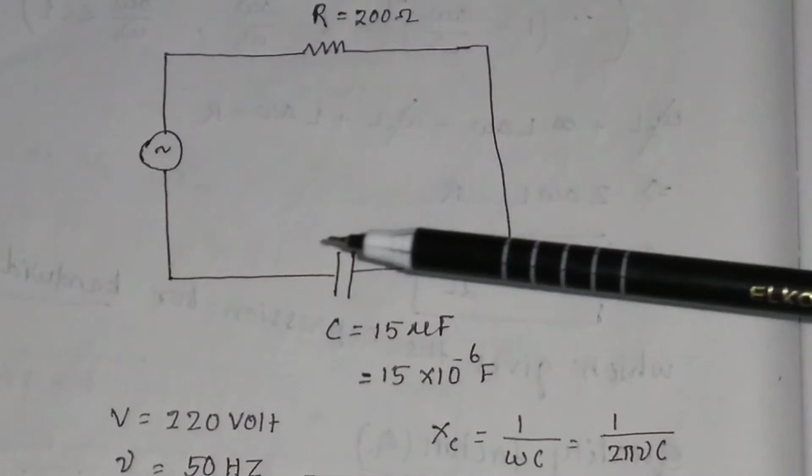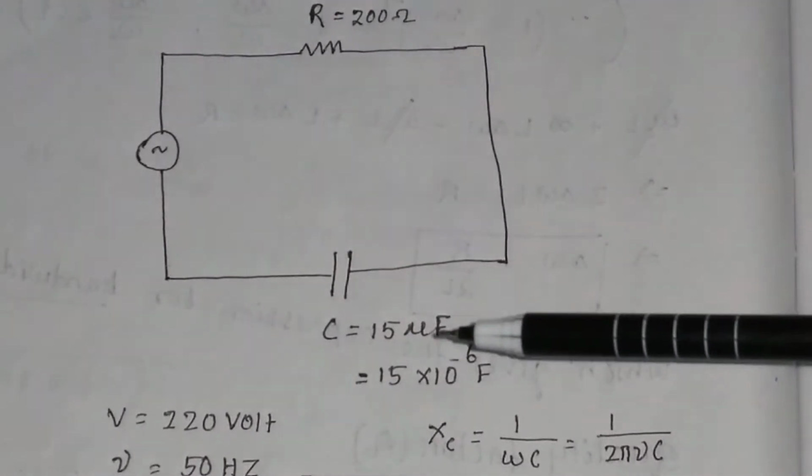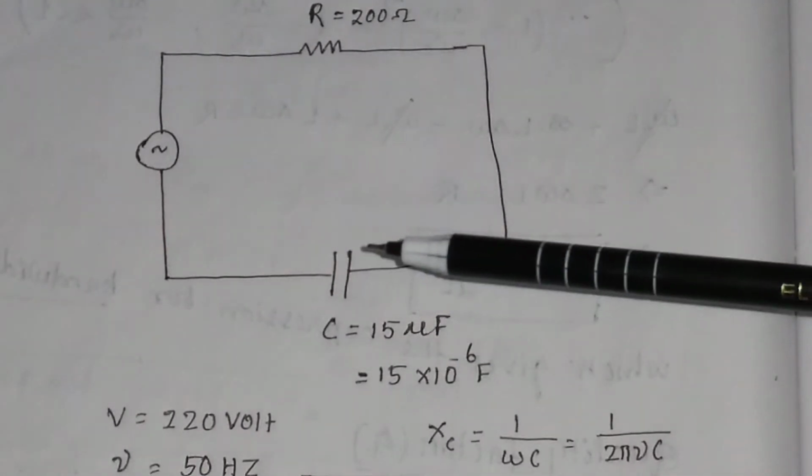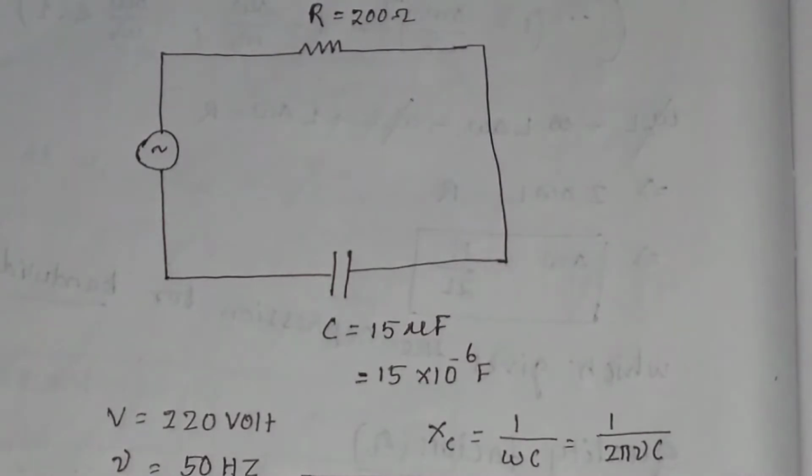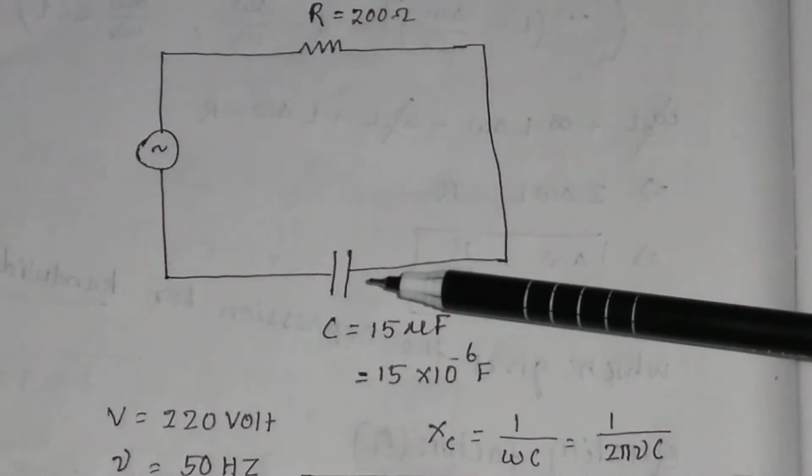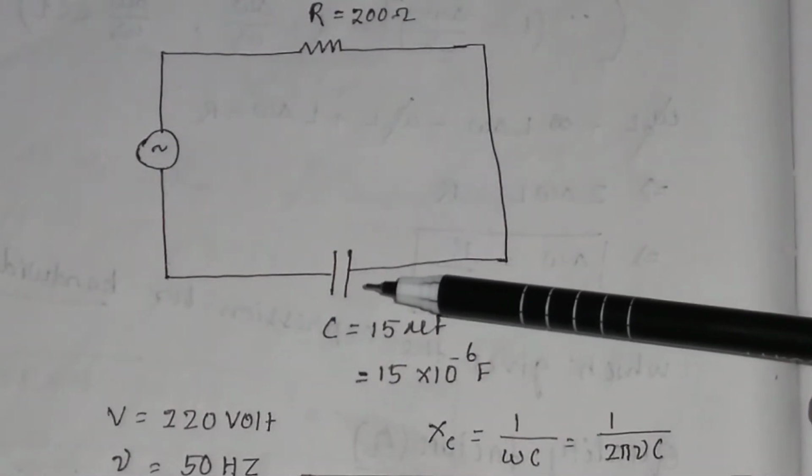To calculate the current in the circuit, first we have to calculate the reactance of this capacitor, or the capacitive reactance.